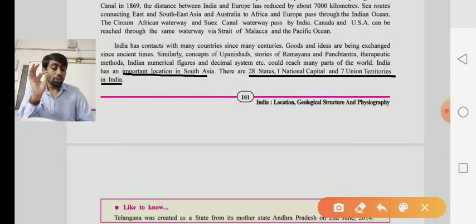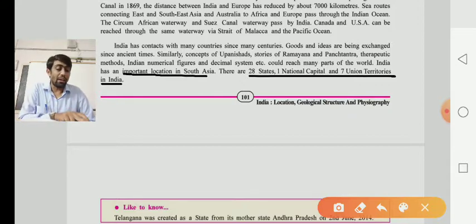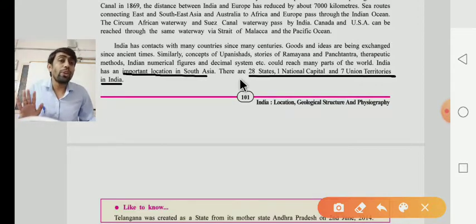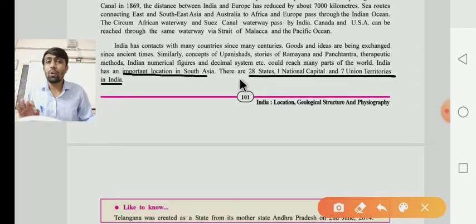Also, the second most important decision was that Jammu and Kashmir was bifurcated into Jammu and Kashmir, and Ladakh as union territories. That's why presently we can say that India has 28 states and 8 union territories.